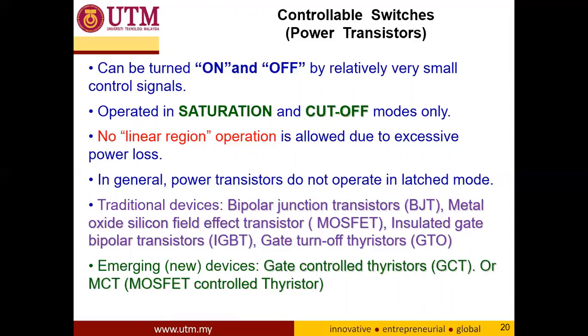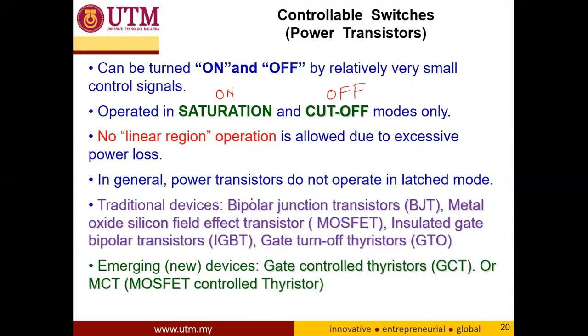If you recall for the transistor, we have three regions: saturation, cut-off, and the active region. We use saturation and cut-off, where saturation is on and cut-off is off. No linear region operation is allowed.